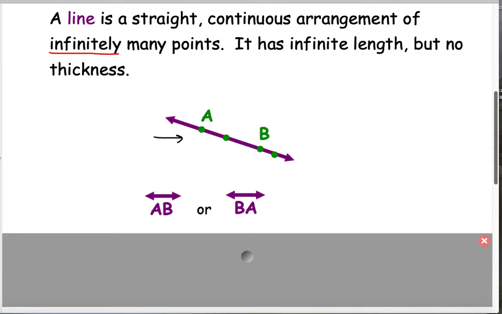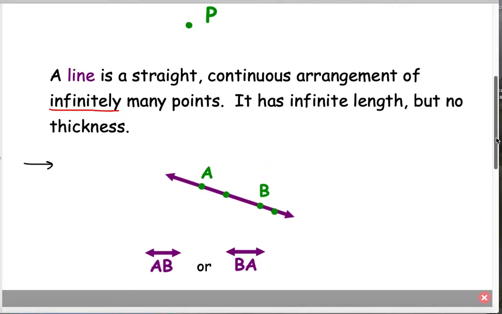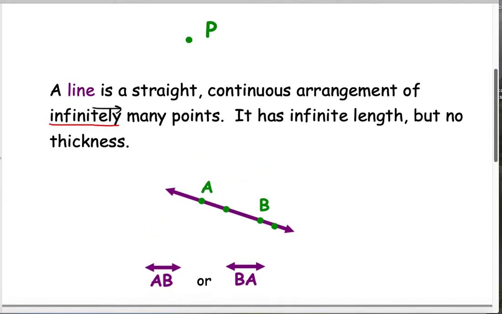So it doesn't matter which letter we use first. The order will be important later on when we talk about some other terms. So for a point, we just use a single capital letter, and for a line, we use 2 letters with a line symbol above it.